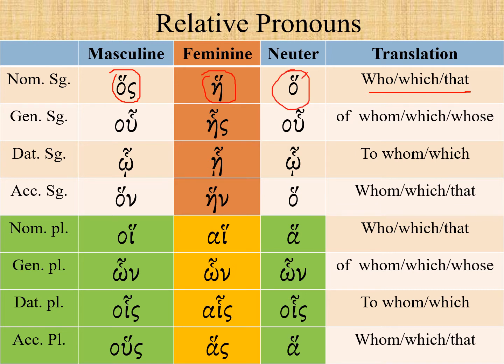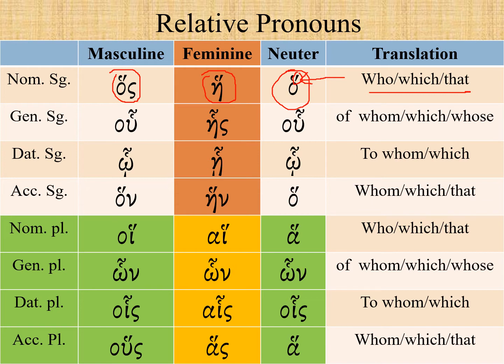Just pay attention that here we have the neuter relative pronoun in nominative singular, and it closely resembles the masculine article as in ho logos. The exception is that it has that tiny accent mark, so don't get confused with that.